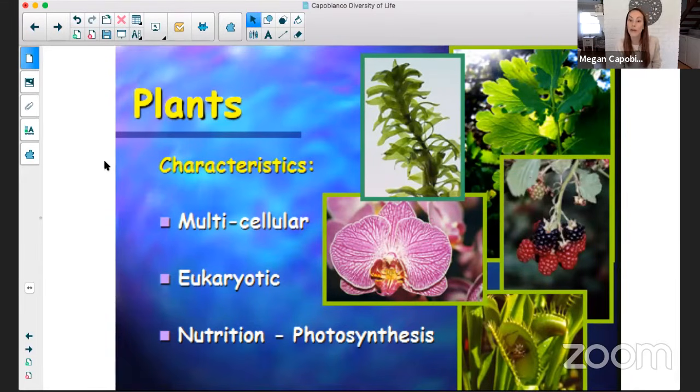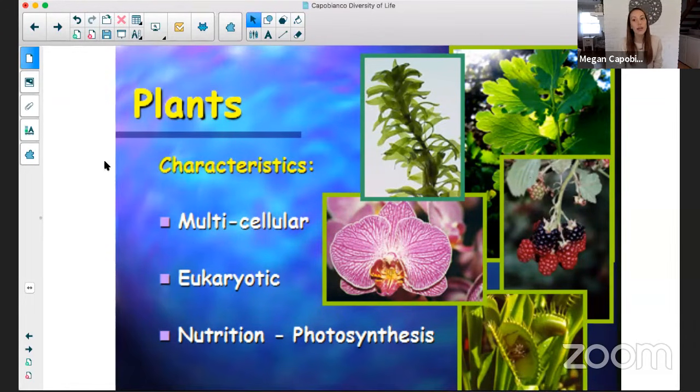They are eukaryotic. What does it mean to be eukaryotic? It means that our DNA is kept inside of a nucleus, or cells have a nucleus. Or I should say the plant cells have a nucleus. And then the last one is they get their nutrition through a process called photosynthesis. Photosynthesis is the fact that a plant can actually take sunlight and convert it into energy that the plant can then use.